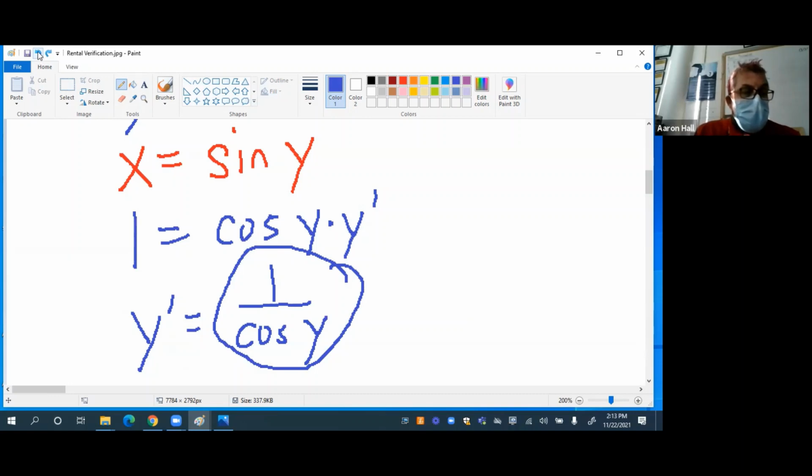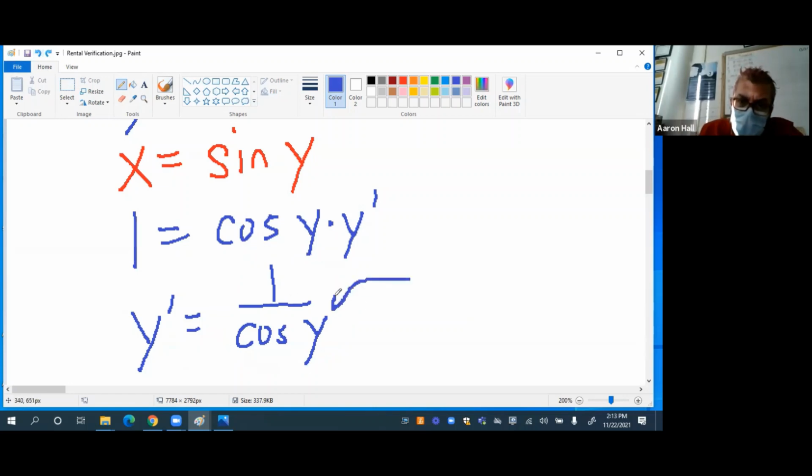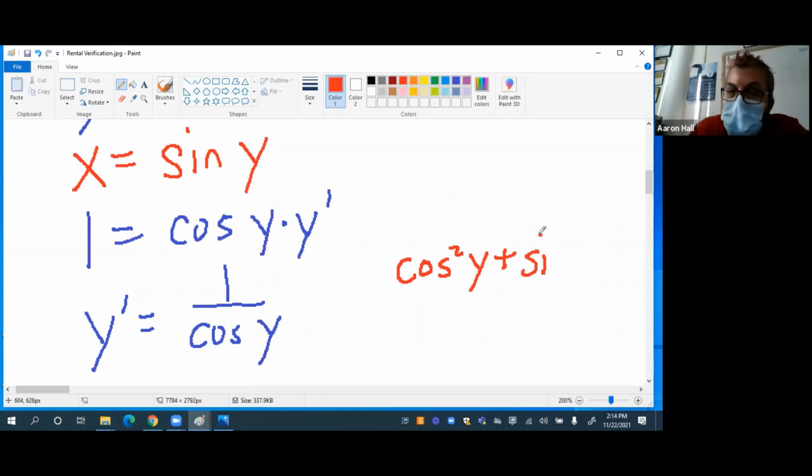So I want to substitute something in for here, and I'm going to use the Pythagorean identity. Do you remember what the Pythagorean identity is? This is cosine squared of x, but I'm going to be using y, plus sine squared of y equals 1.